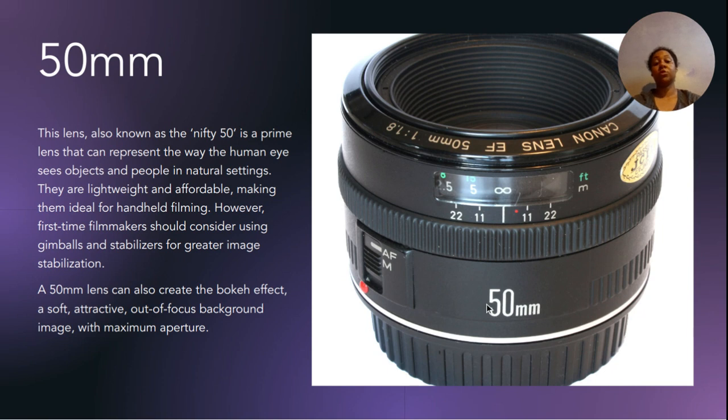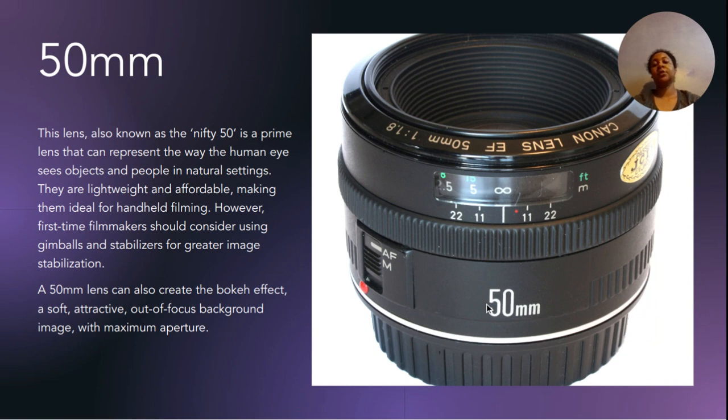They're very affordable, they're lightweight, and used a lot in handheld filming, because filmmakers who are first timers should ideally be using this lens, so they know how to handle a camera and how to practice. It's basically practice before you can move on to advanced lenses and cameras.